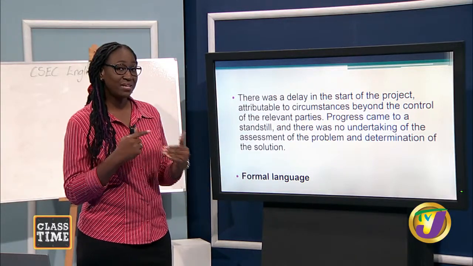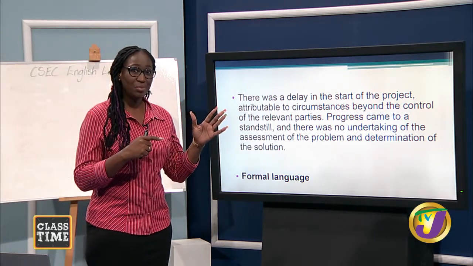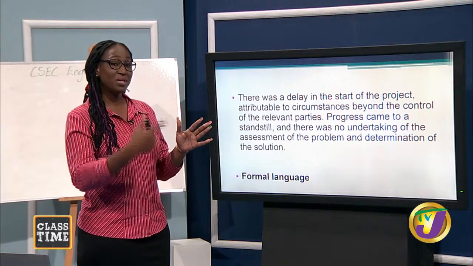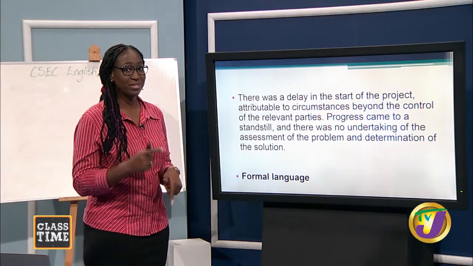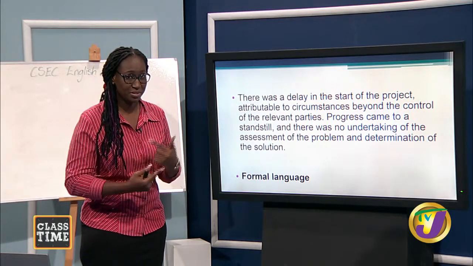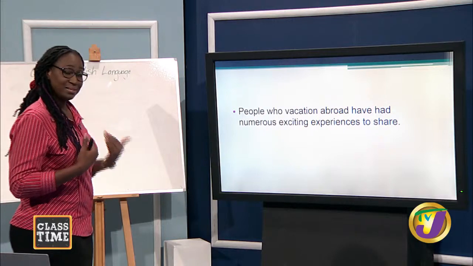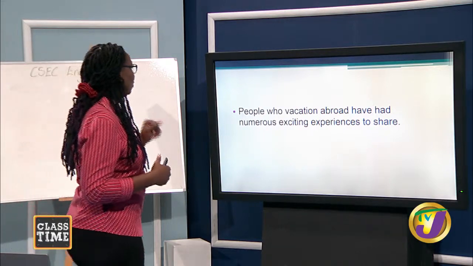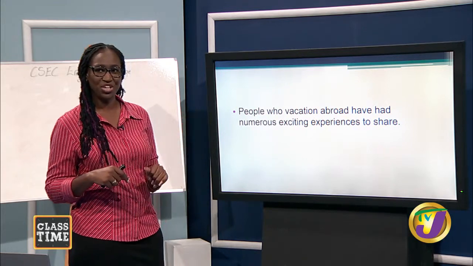Remember, many of these devices will overlap. So they will do one thing, but at the same time, they're doing something else. But the ultimate result is that they're being used towards persuading people to take your side. Now look at this example. People who vacation abroad have had numerous exciting experiences to share.